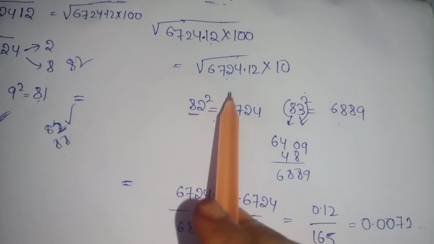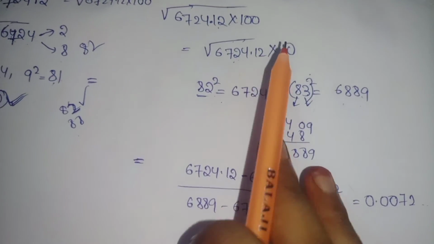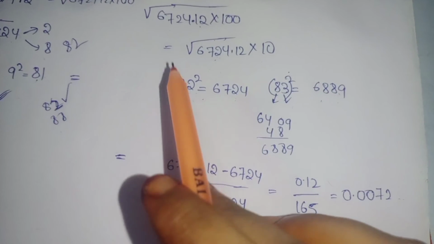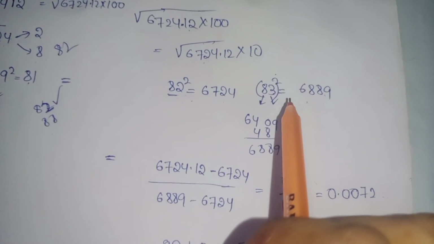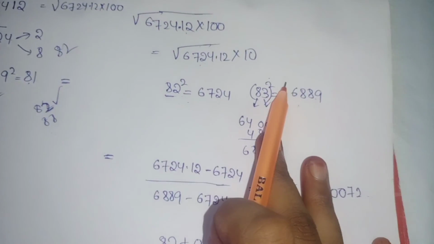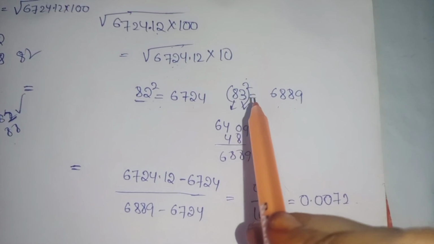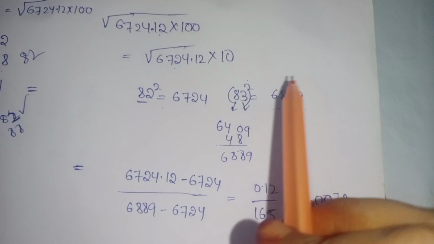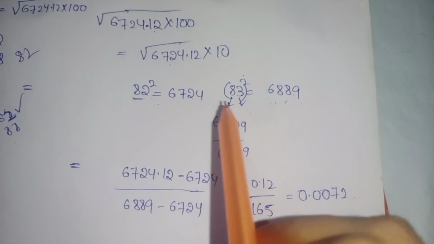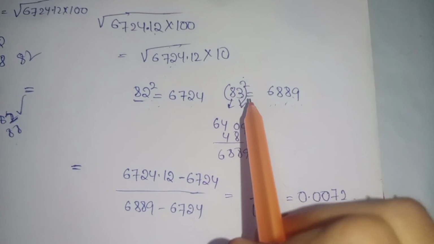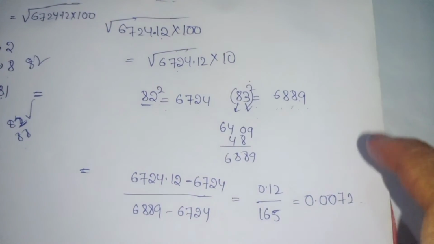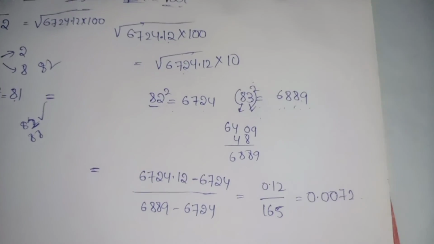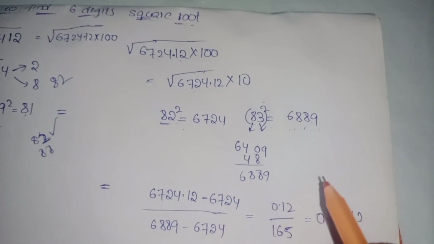It is the nearest value of 6724, and we have to know another value also, the greater value, right? What is the greater nearest value after 82? 83 whole square equals 6889. How to find 83 whole square? In our last section I told how to find squares of 2-digit numbers using a trick.